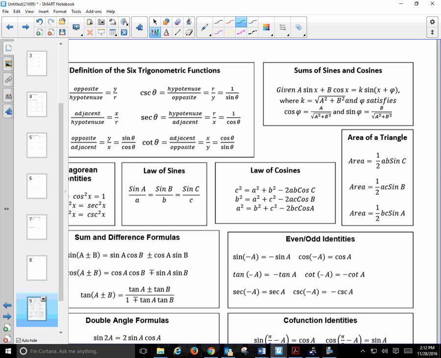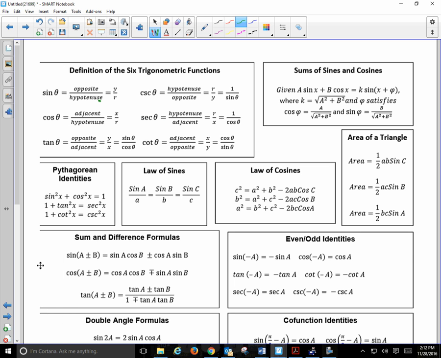If you flip to your very last page, this is a list of many formulas. Now, this is the regular track trigonometry course. Do you get college credit for this? No. And so, therefore, I take off a lot of material. For example, you do not have to know how to do this.